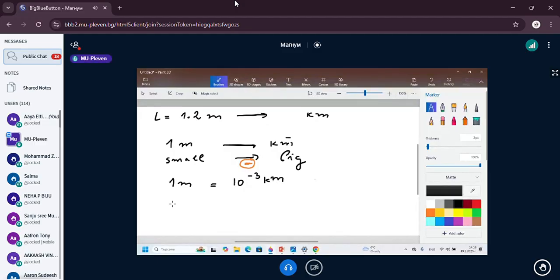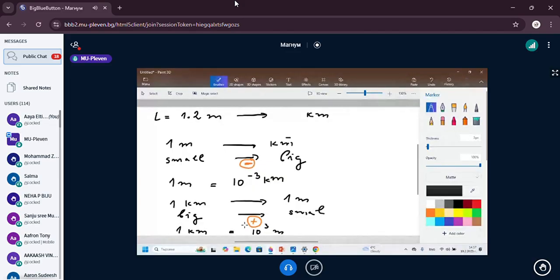However, if you needed to change kilometer into meter, which means big into small, then the exponent is positive. So thus we can write 1 kilometer is 1000 or 10 power 3 meters.